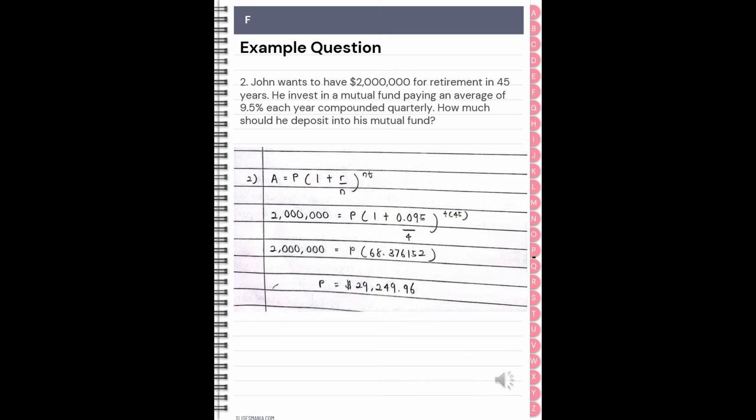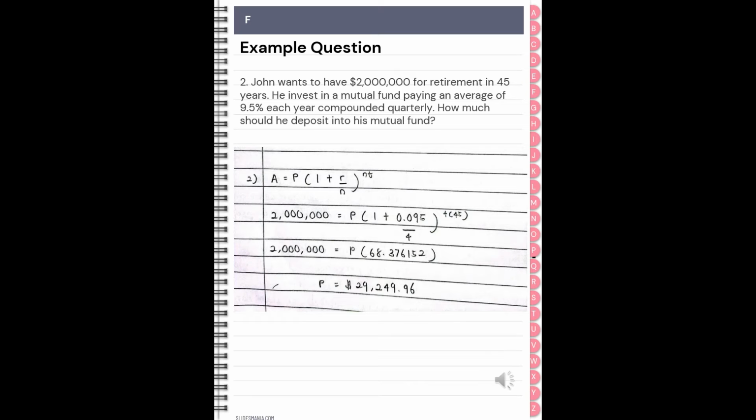For question 2, use the same equation as the previous question, which is A equals P times 1 plus R divided by N, raised to N times T. So we know the future value, as he wants to have 2 million in his account. So we're looking for P, the principal.